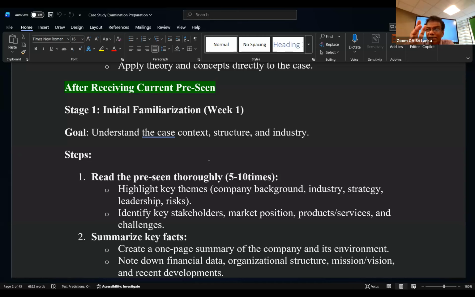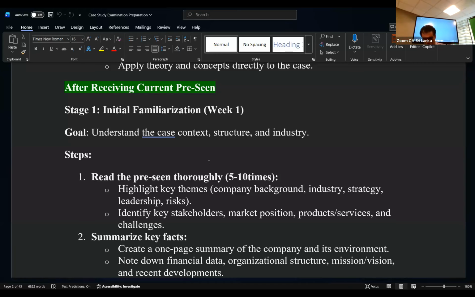The first impression is that it is very boring stuff. That is the nature of the case study. So it is up to you to read and read and read and make it more interesting, right?